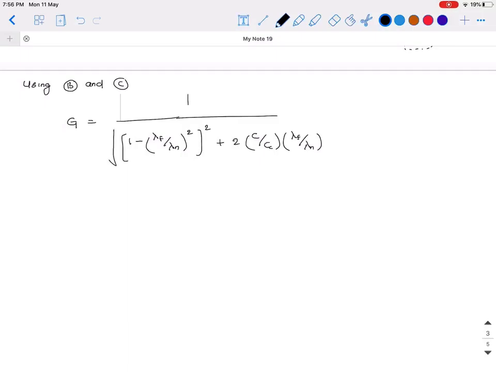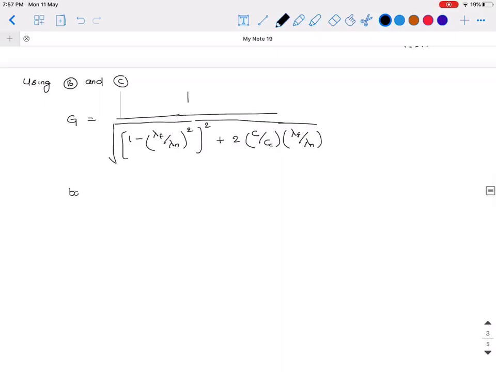Okay, there is a square root here. And tan phi is 2 C by Cc times lambda f by lambda n by 1 minus (lambda f by lambda n) square.